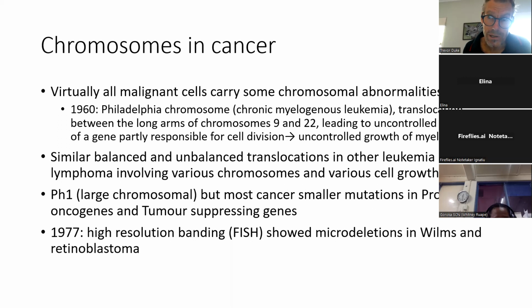And this process I showed you earlier, FISH, the fluorescent in situ hybridization method, showed microdeletions. Remember, you can see down to a very small level, 1 or 2 gene defects, showed microdeletions in Wilms tumor and retinoblastoma.